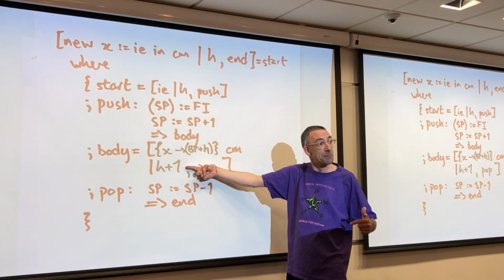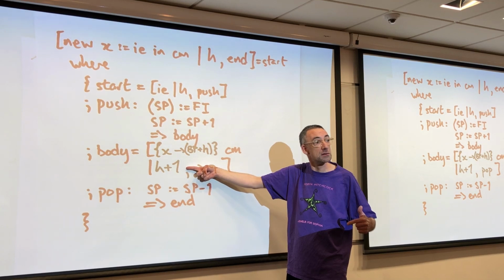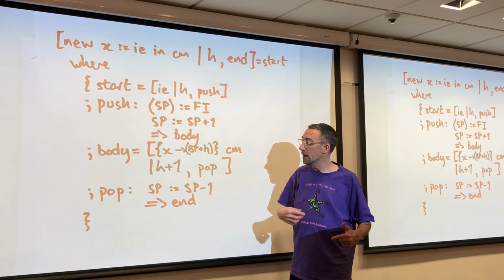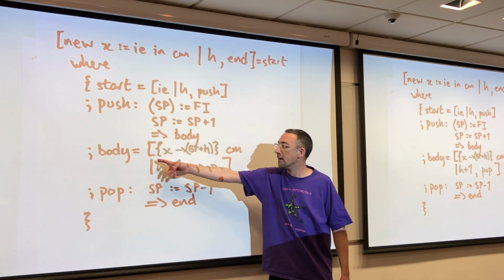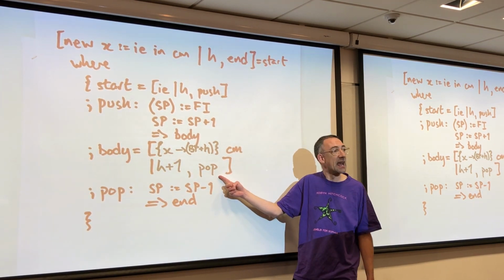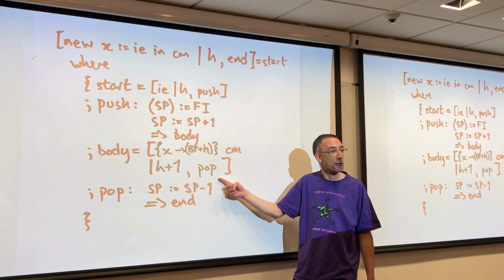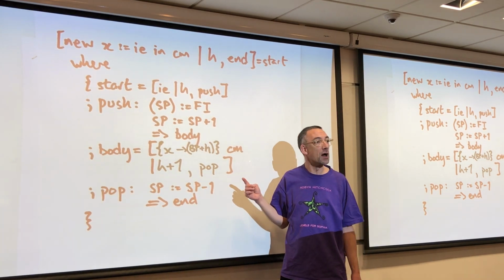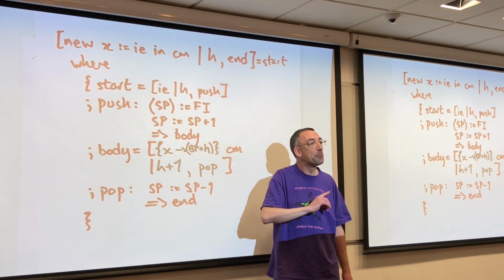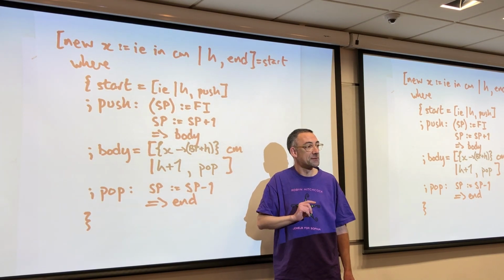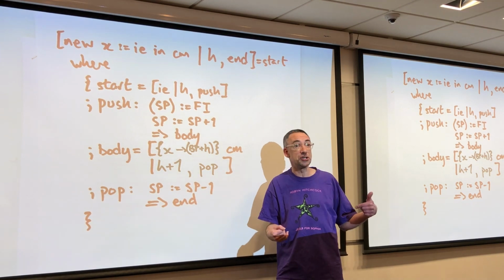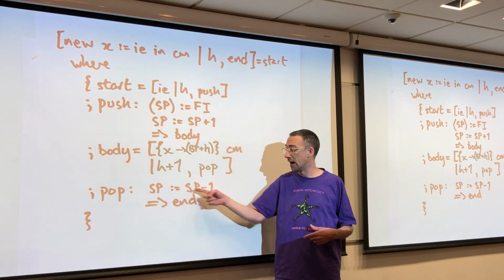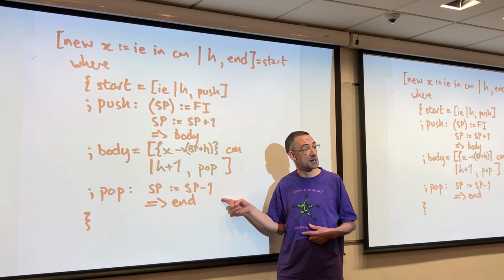So we have to give a frame height of h plus 1 here. And we also know, because we are promised, that by the time this code reaches its exit, the frame height will still be h plus 1. But to keep our promise, we have to make sure that by the time this code finishes, it's back to being h. And that's why we have to subtract 1 from the stack pointer.